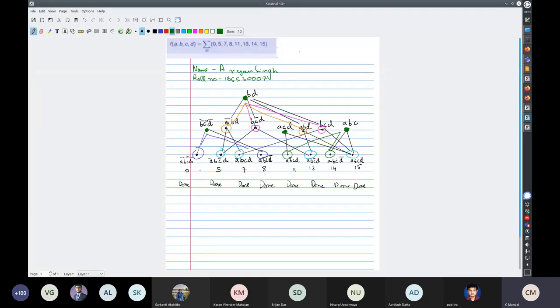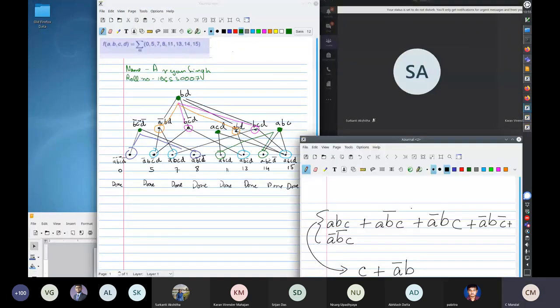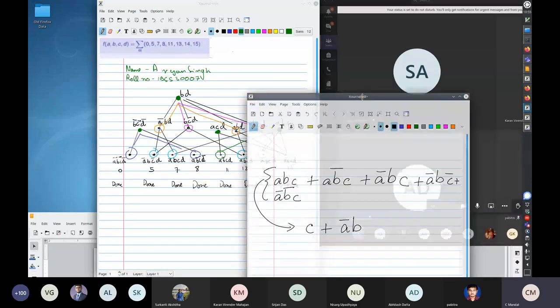Now, if you remember the definition of implicants, what's an implicant? I'll just take a few minutes, you're at the end of the class.